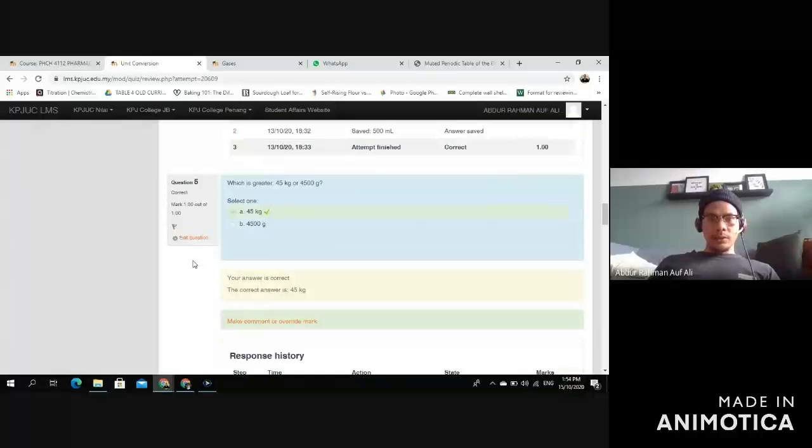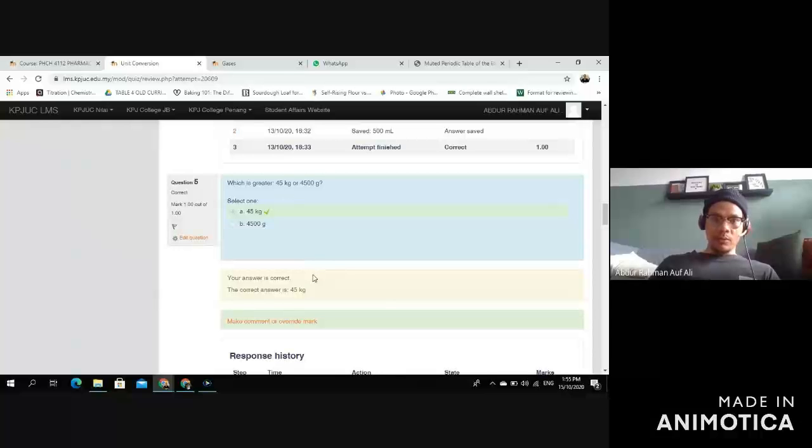Next question, which is greater, 45 kilograms or 4,500 grams? You just convert one of these so that both of them have the same unit. That's the first step of solving this problem. Both of them must have the same unit in order for you to compare which is greater. You just pick which one you want to convert, kilogram to gram or gram to kilogram.